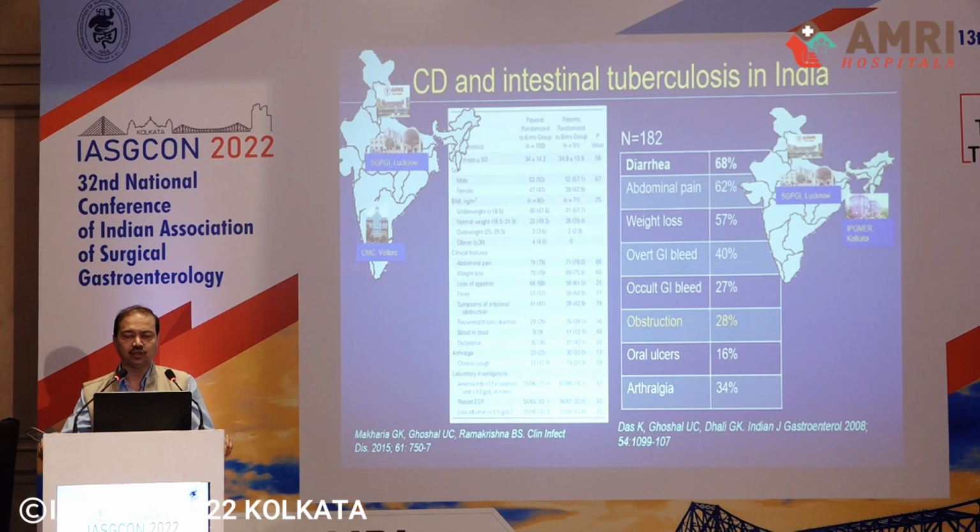Now look at these. These are two large series of Crohn's disease and tuberculosis from India. One series on the left side is of tuberculosis, and on the right side is of Crohn's disease. These are multi-center series involving IPGMER Calcutta, SGPGI Lucknow, CMC Vellore, and AIIMS New Delhi.